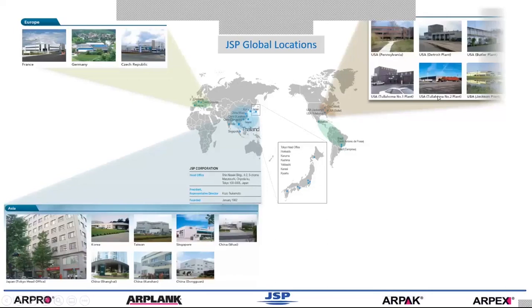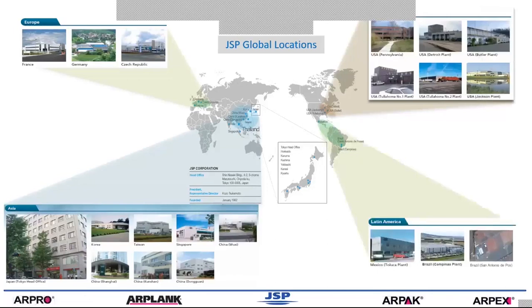You can see JSP is a global company. We have manufacturing offices in Europe, Asia, North America, and Latin America. I work from my office in Madison Heights in the United States, about an hour away from TotalCAE's office. We're not too far away from TotalCAE.